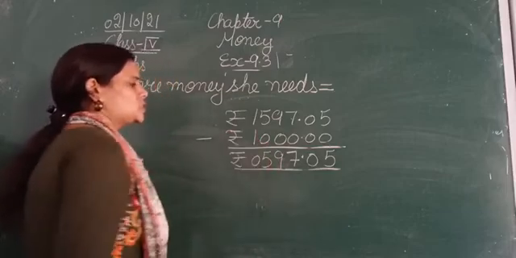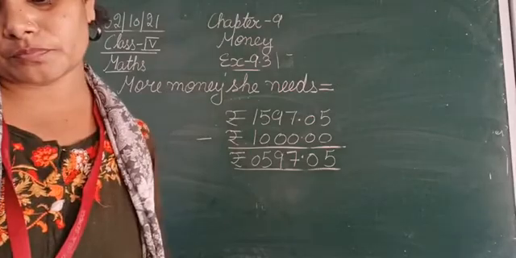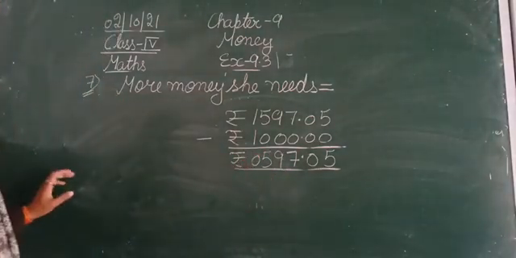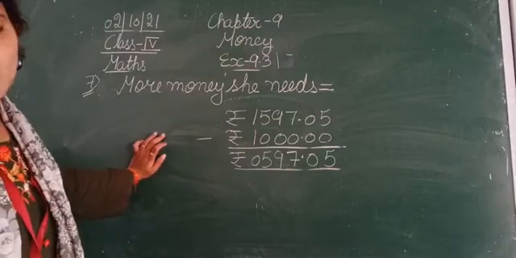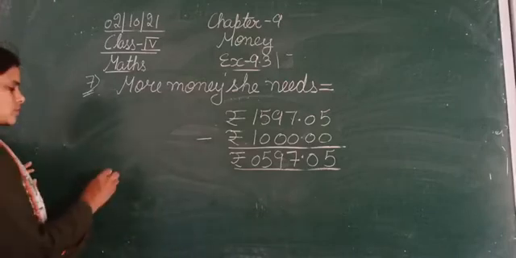So this is the amount of more money that she needs to pay her bill. The question was, how much more money did she need to pay the bill? Therefore, that is the solution.